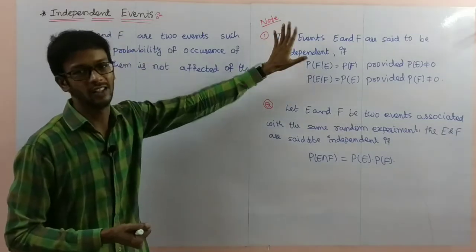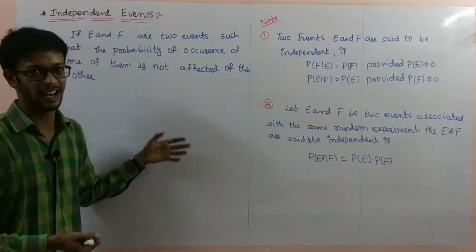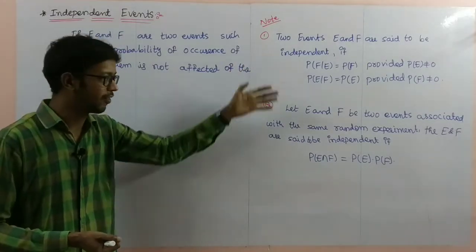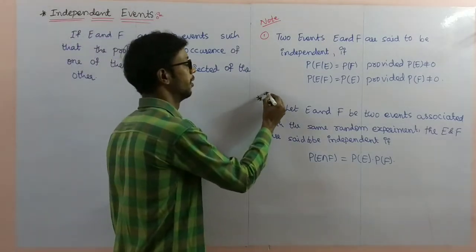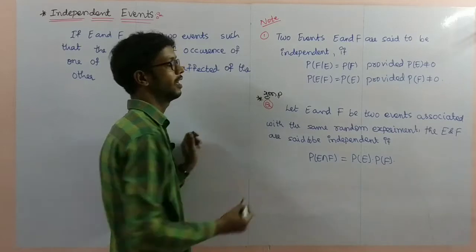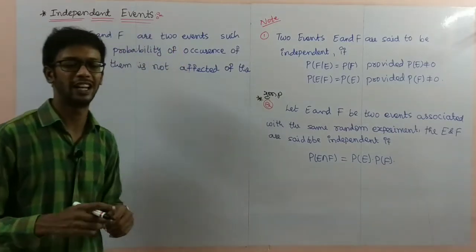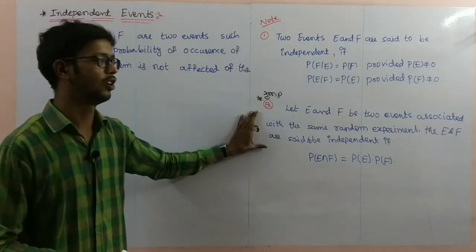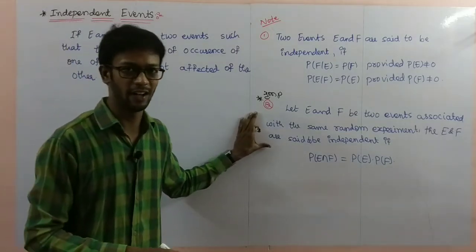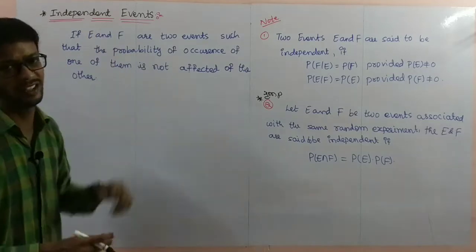This is the first concept, based on the example I just discussed. Otherwise there is a second concept. We will use this second concept for problems. This also we can write as a definition. If in the exam they ask what independent events are, you can write this as a definition.